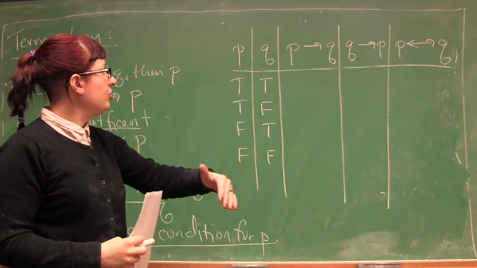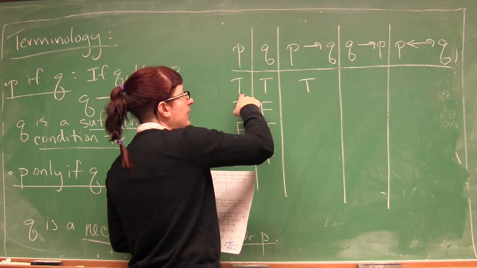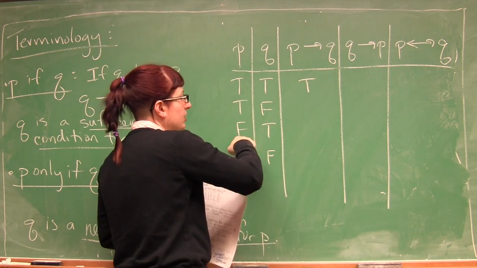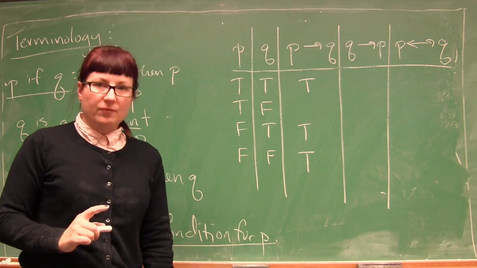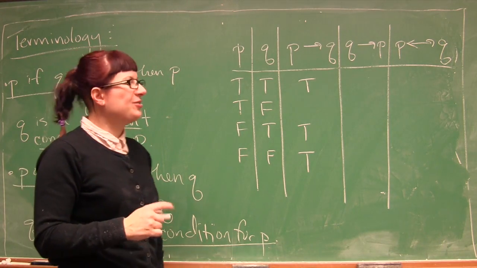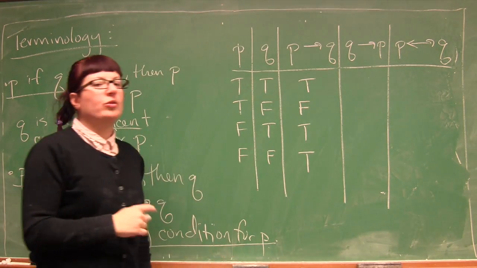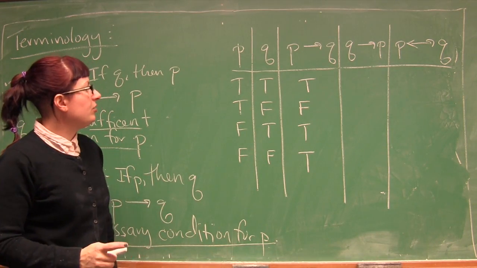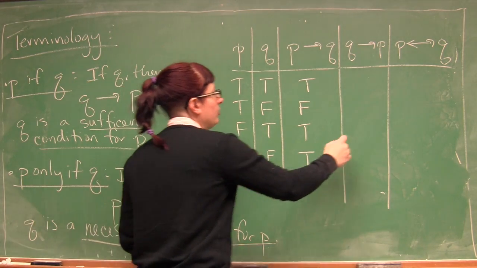P implies Q is true when Q is true, and when P is false, but it's false when P is true and Q is false. Q implies P is only false when Q is true but P is false.